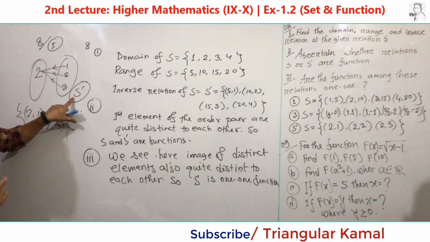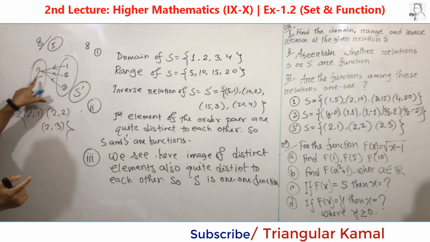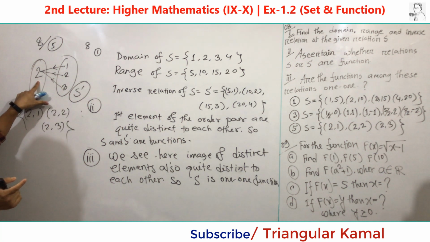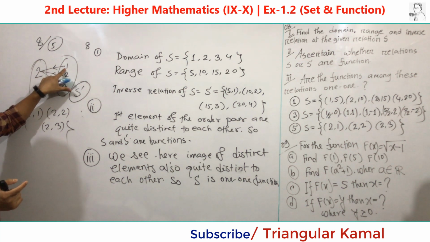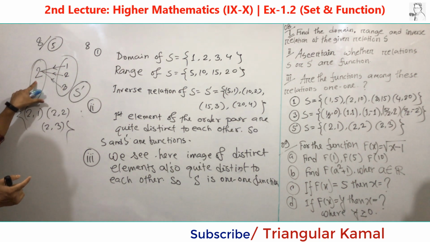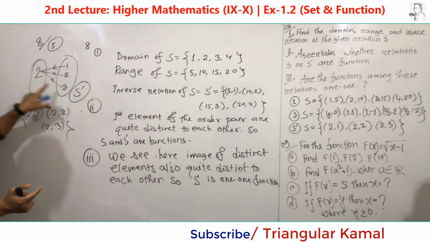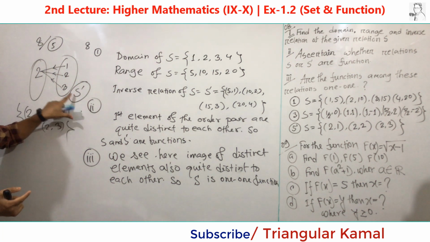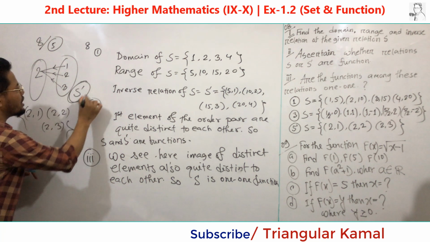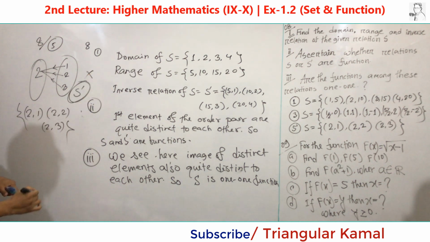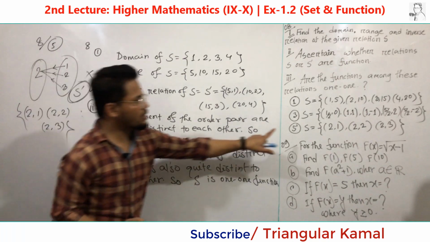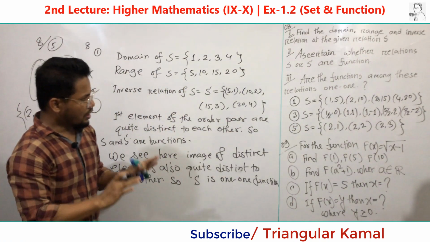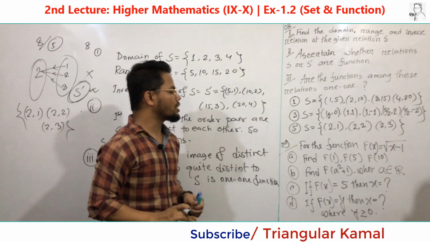Definitely it's not 1-1, because the range is repeating 3 times, so the images of distinct elements are not distinct. That's why S prime is a function but not a 1-1 function. But S is not a function.